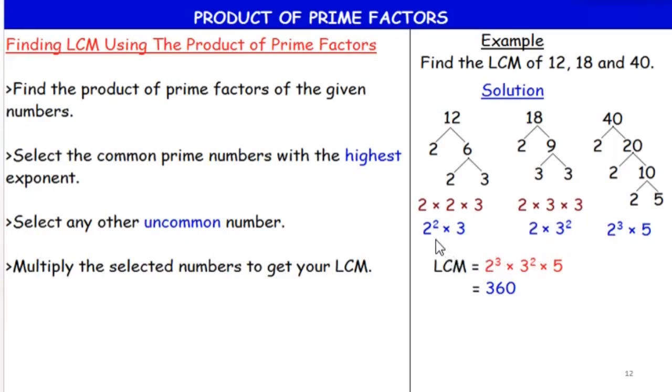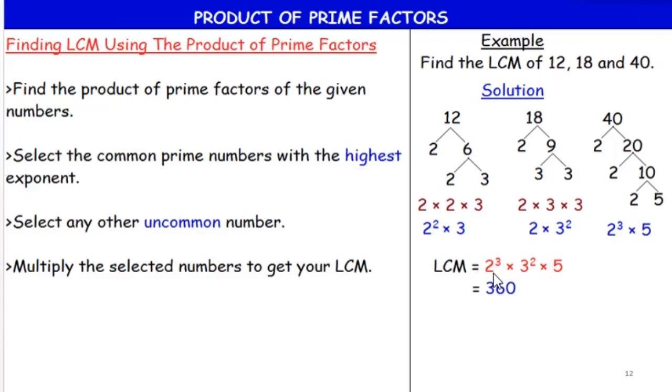So for sure 2 is common here, 2 is also common here, 2 is common here. Right, so 2 is common to all the 3, right? But then which of the 2's carries the highest exponent? It is definitely 2 to the power 3, right? So we are going to select 2 to the power 3, right?